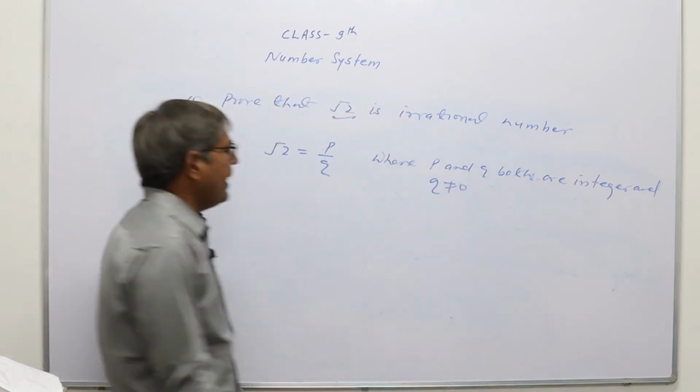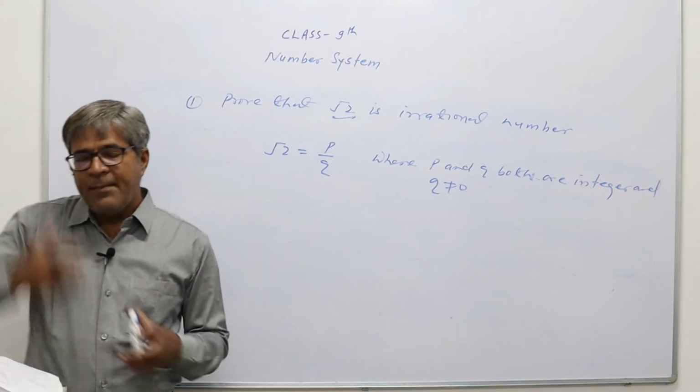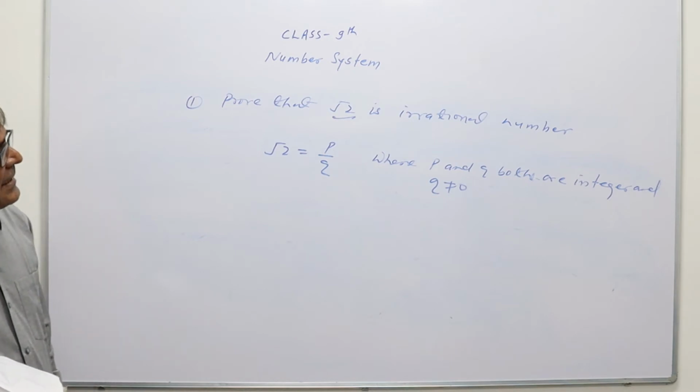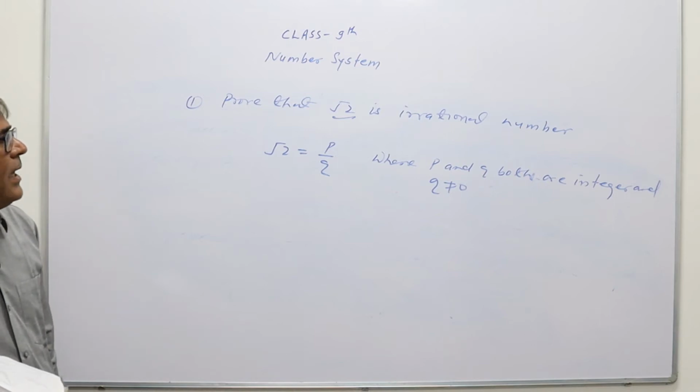So what we are assuming here, by the method of contradiction, is that root 2 equals p by q, that is, root 2 is a rational number.